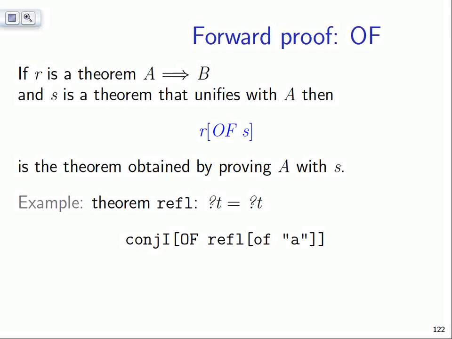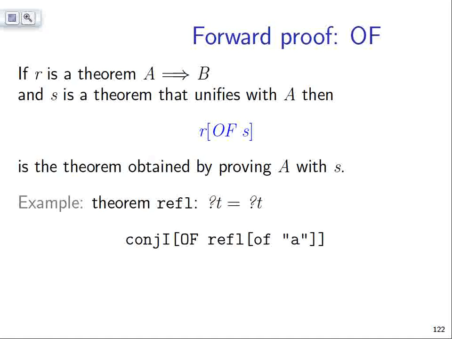That's the result of R capital of S. And so you should really think of R as a rule, as a function that if you give it a proof of A, it gives you back a proof of B. Or if you give it the theorem A, it gives you back the theorem B.